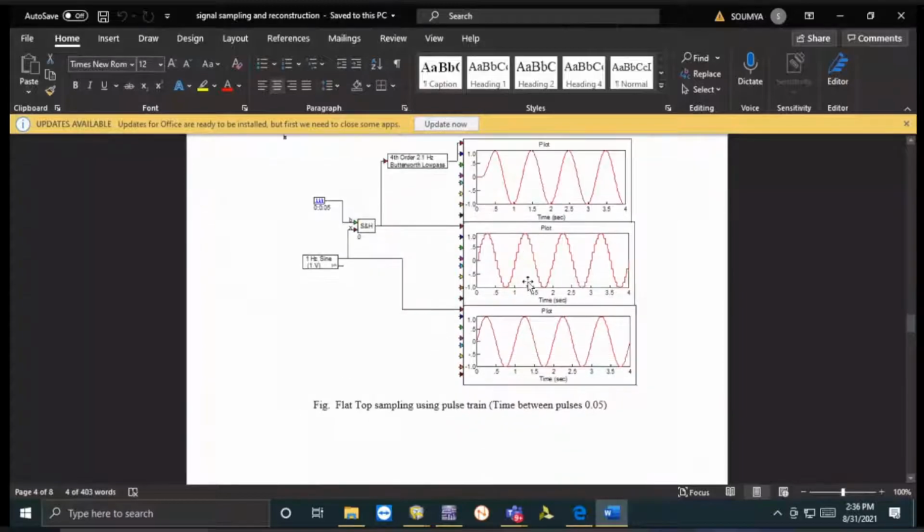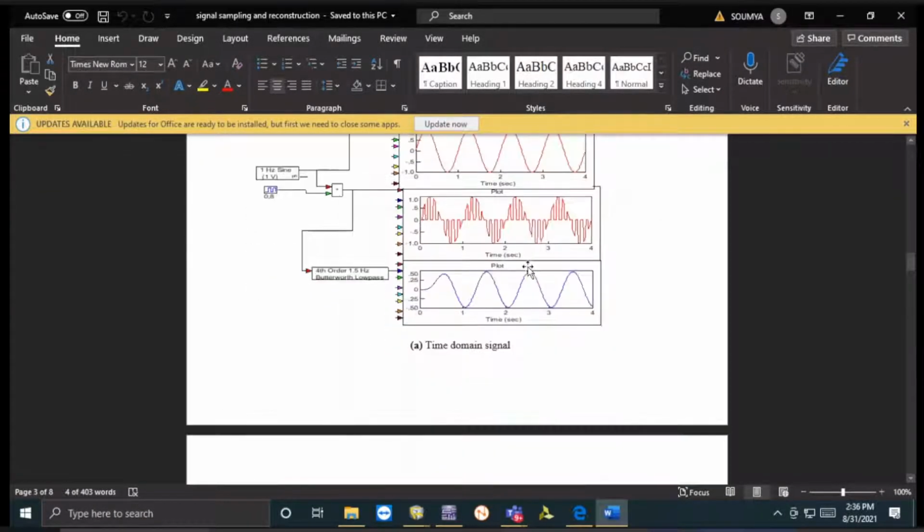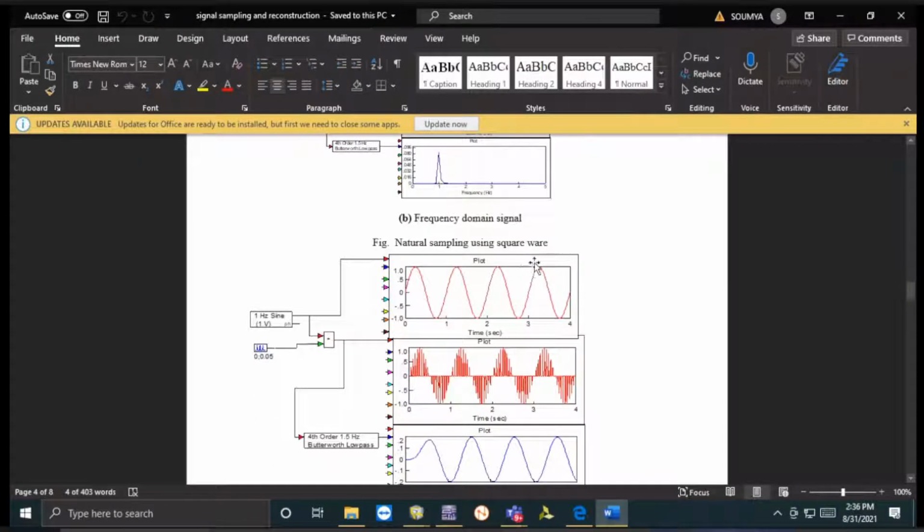You can compare this plot with the previous one, what you have obtained in both the cases, right?